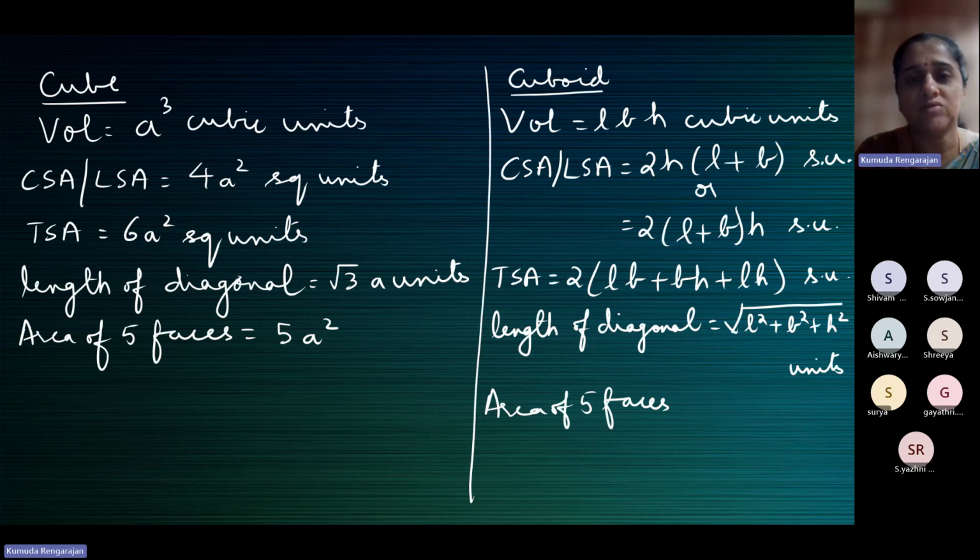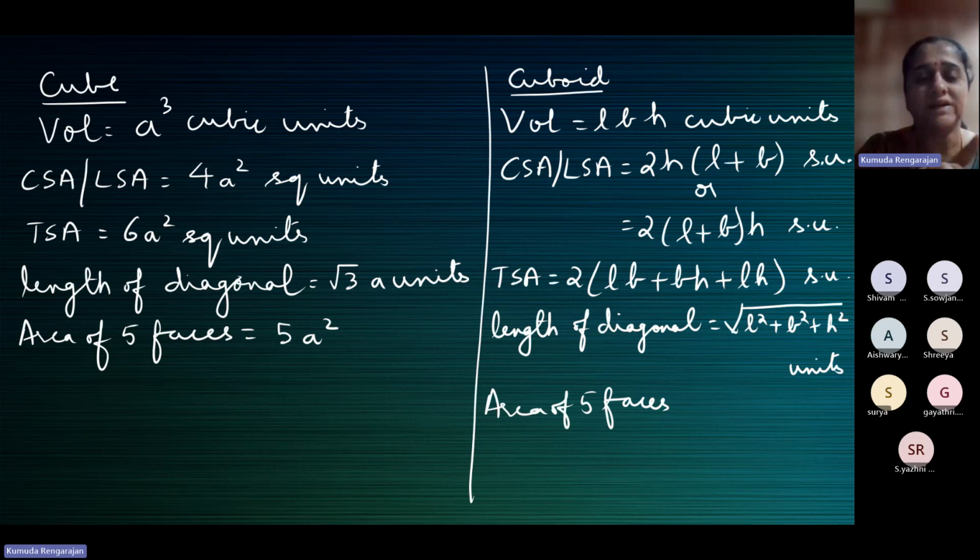If you have to paint this cuboidal box, only 5 faces are intact. The 6th face, since it's open, there is no material used on the 6th face. So the area available to be painted is the area of the 5 faces.